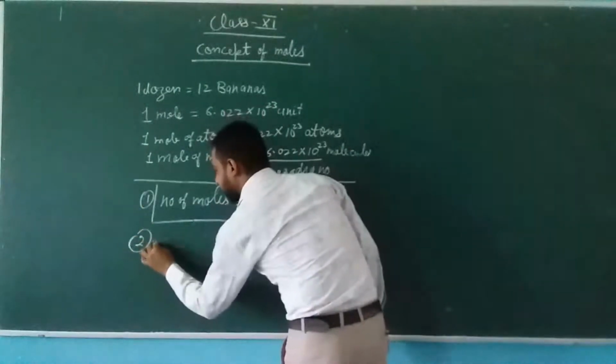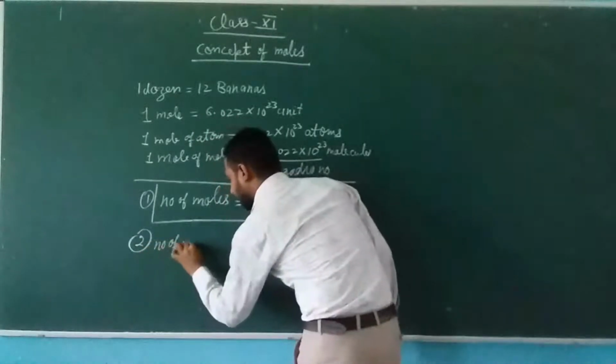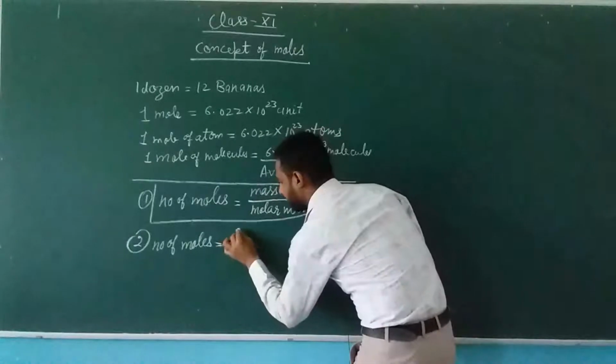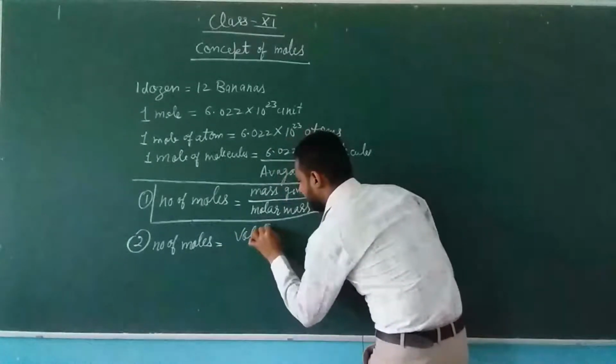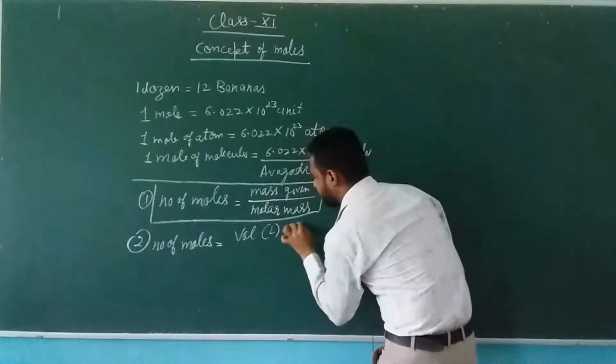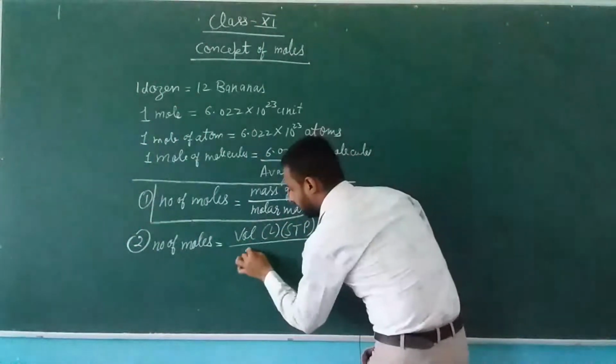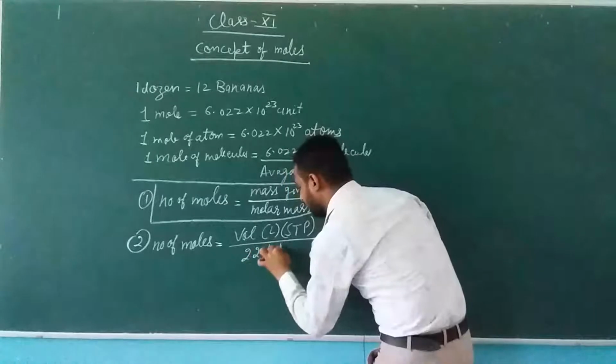Second is number of moles is equal to volume in liter at STP upon 22.4 liter.